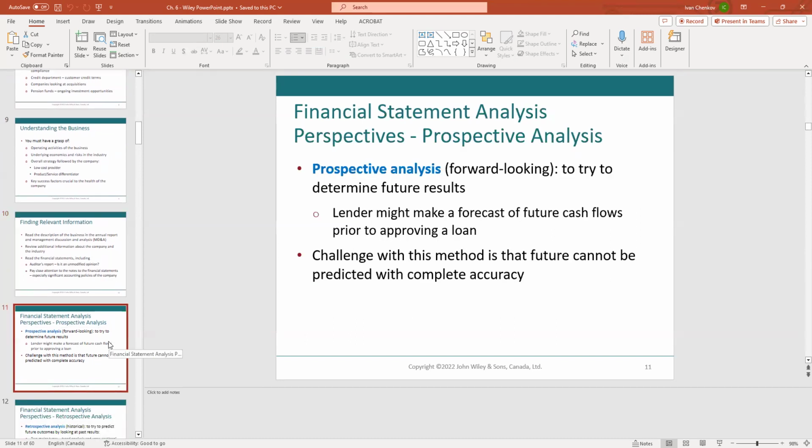Then we're going to the analysis. First one is the perspective analysis. What does perspective analysis mean? Looking to the future. Try to determine, based on the current situation, based on the strengths, opportunities and threats of the company, based on the mission and vision, where the company is going to go.